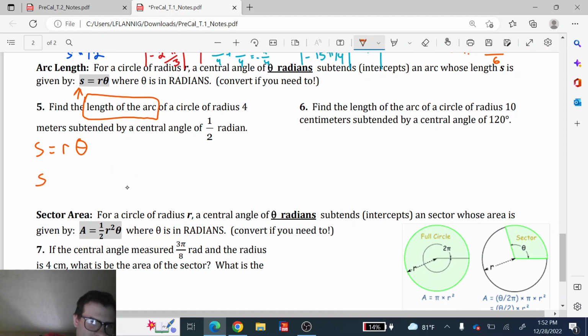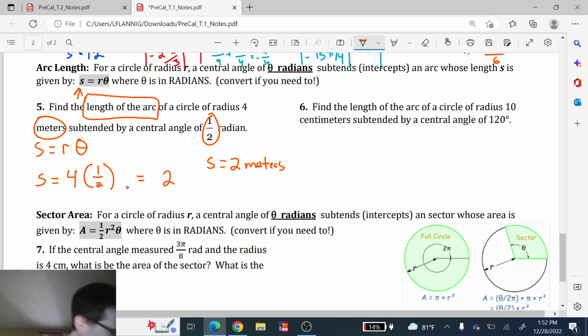So we have length equals 4 meters times the theta, which is 1/2, because the central angle is 1/2. So just 4 times 1/2, or 2. So we know s is equal to 2 meters. We know that because the meters unit is given to us right there.